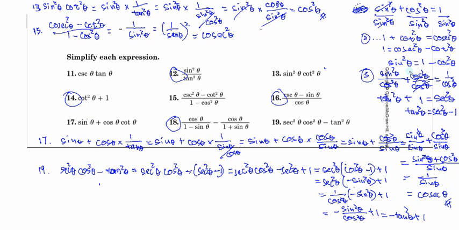Now, if you look at this identity, wait, we make a mistake. We make a mistake here. That's why here we cannot combine. Wait, is there a mistake here?